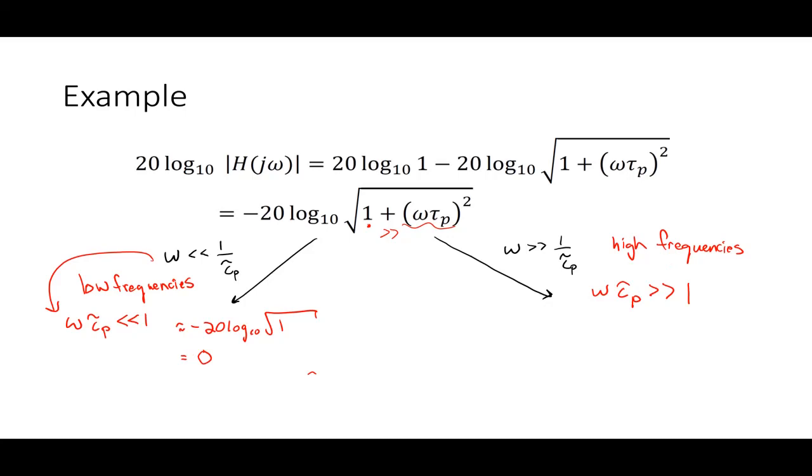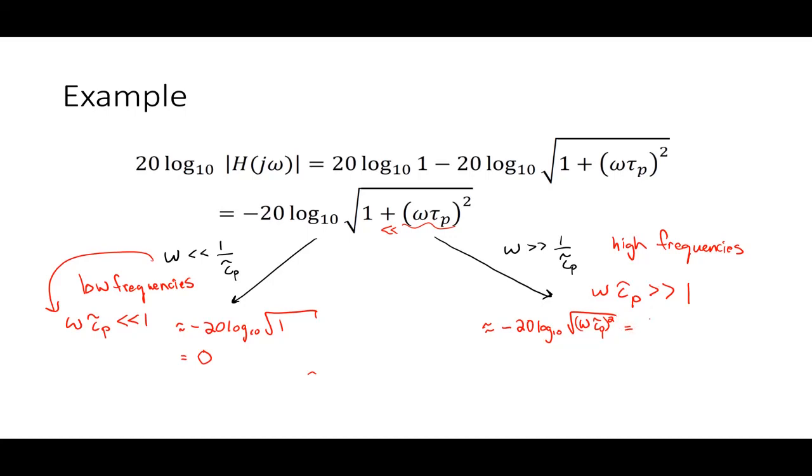On the high frequency side, we have omega tau p much, much greater than 1. That essentially means that this omega tau p term is much, much greater than the 1. So if I have 1 plus a big number, that's approximately equal to the big number. So I can approximate this as minus 20 log 10 of the quantity omega tau p squared.